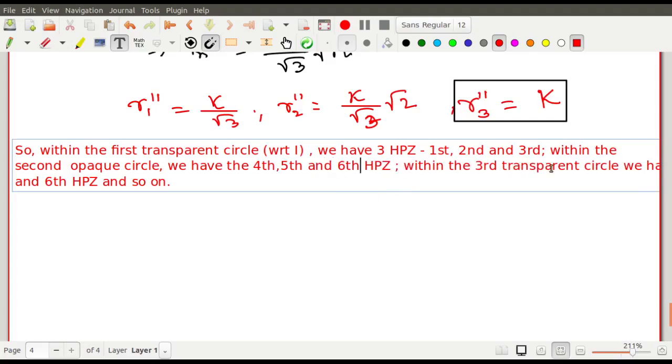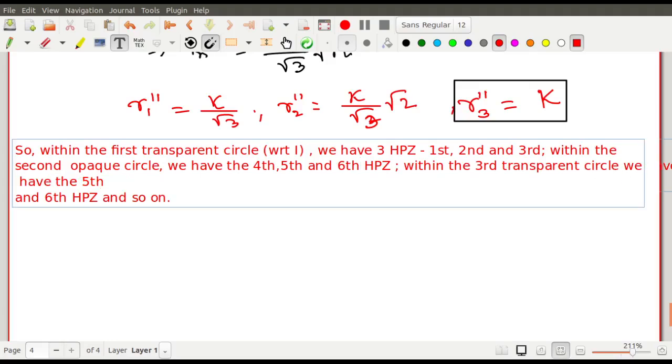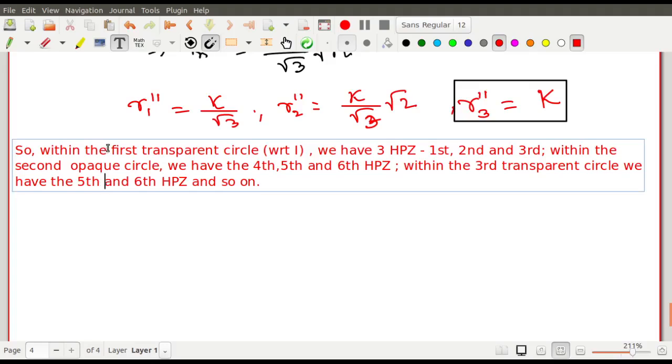Within the third transparent circle we will have the seventh, eighth and ninth half period zone and so on. Got my idea? Seventh, eighth and ninth half period zone.